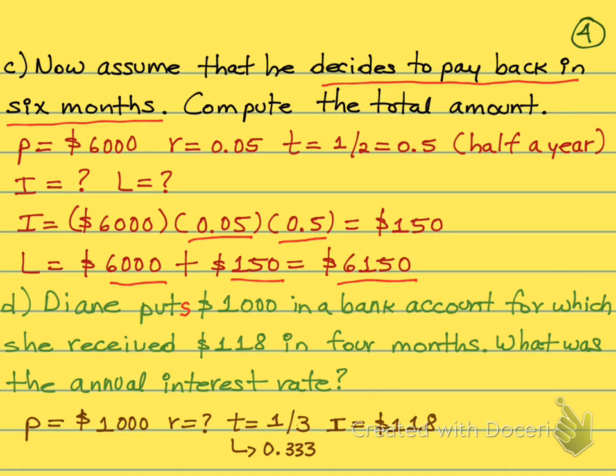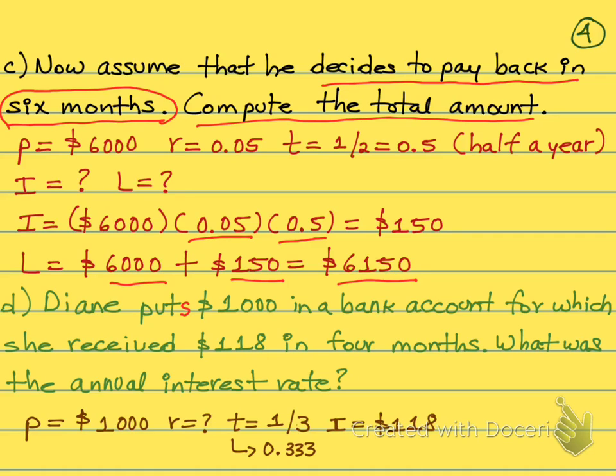Now, assume that this person decides to pay back in 6 months, okay? 6 months, so that's half a year. Now compute the total amount. So P is equal to 6,000, R is 0.05, T is equal to 1 over 2, that's 0.5, half a year, as I said. I is unknown, L is unknown.